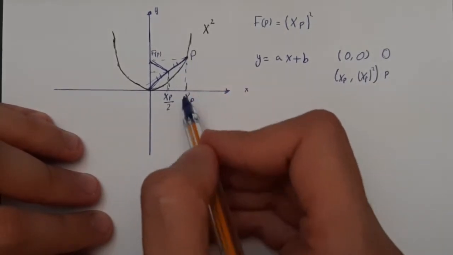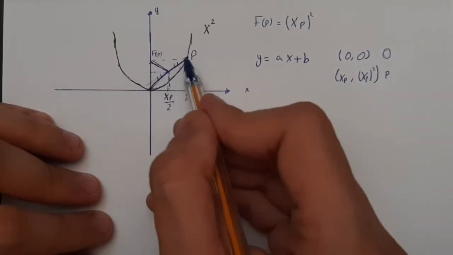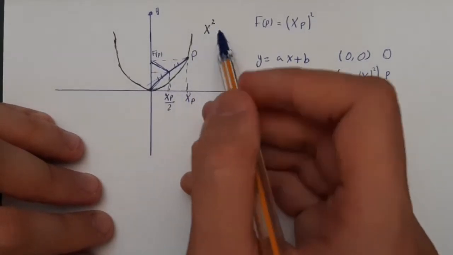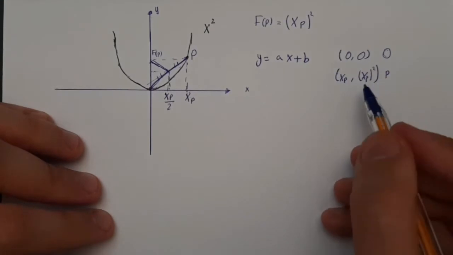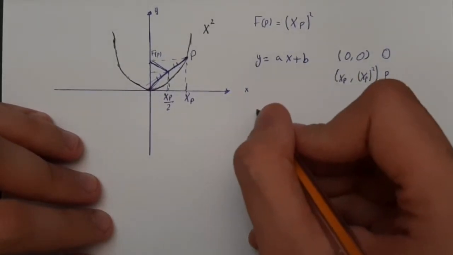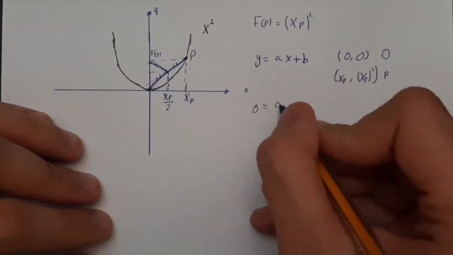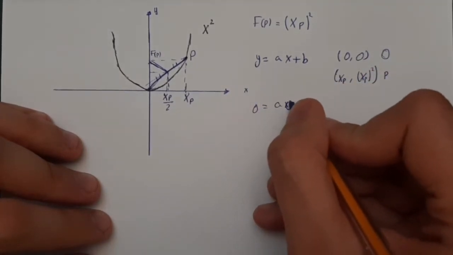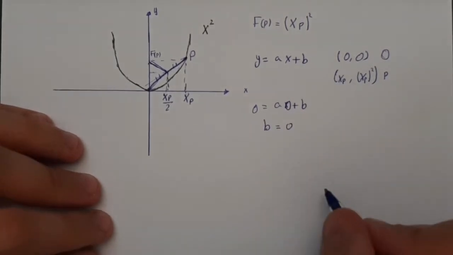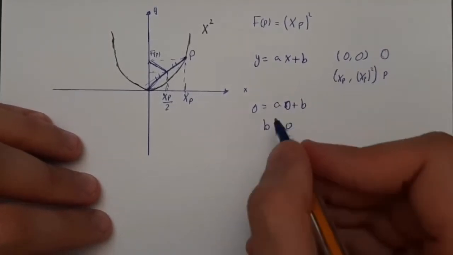Note that as I call this x xp, the y coordinate, as it's part of a parabola, is xp squared. Okay, so first we can use the 0, 0, so it is 0 in the y, a times x, but x is 0, plus b, so b is equal to 0. Okay, now let's use the second information.